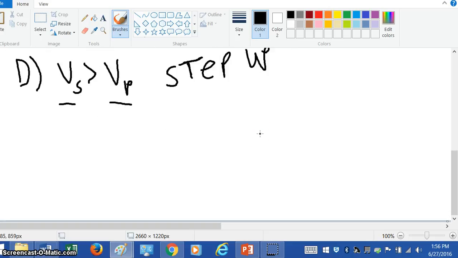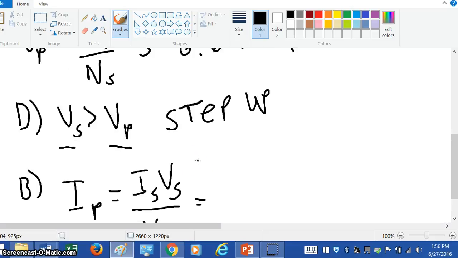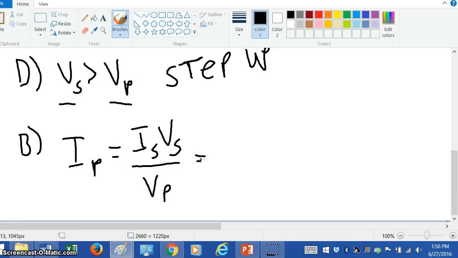Let's finish this one, and we'll answer part B, which is what's the current, not in the secondary, we want to know the current in the primary. So that's going to be the current in the secondary times the voltage in the secondary divided by the voltage in the primary, right? So just go back to our original equation and solve for I sub P. Now we have all that information, right?